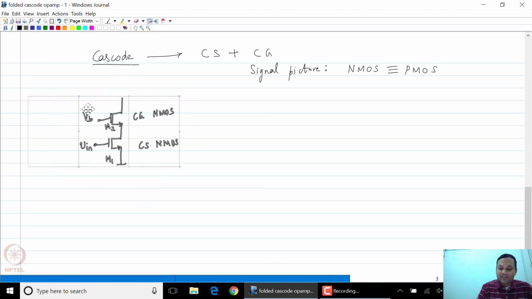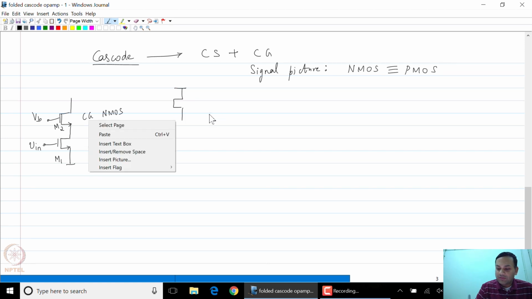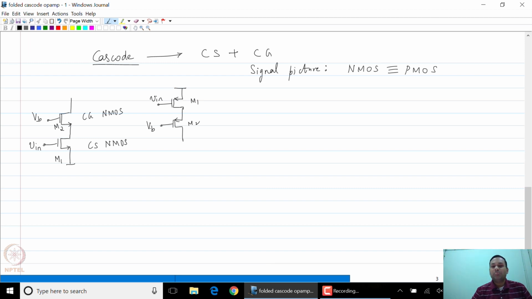So this is the first one, which is the NMOS cascode. Of course, if you were to draw the PMOS cascode, which we have also seen before, this is the PMOS common source followed by the PMOS common gate, and you have 2 more structures.